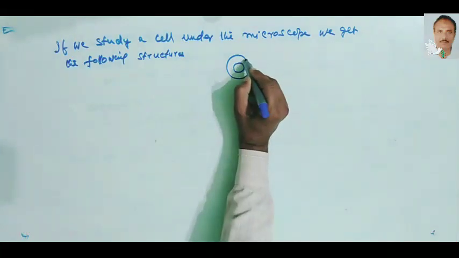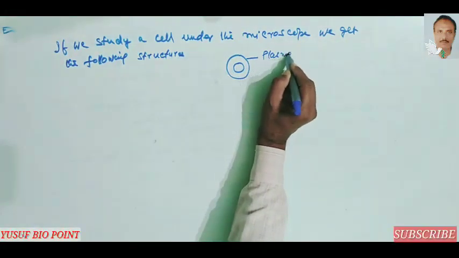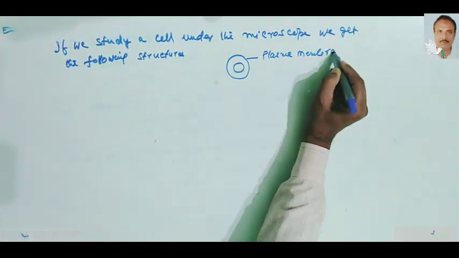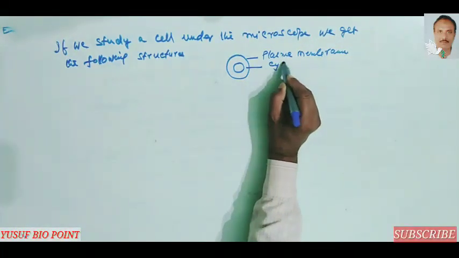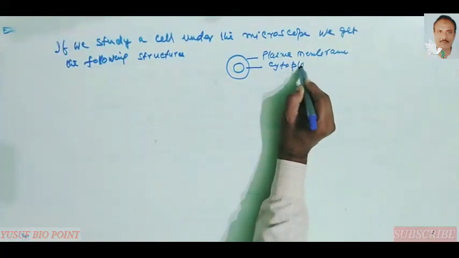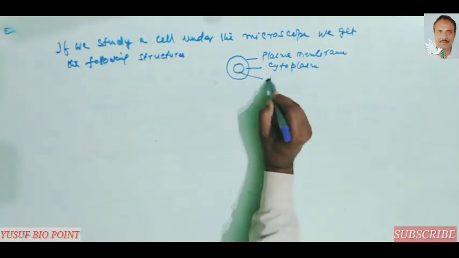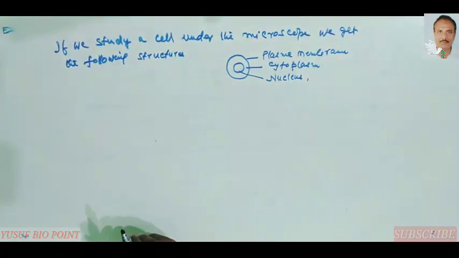This is called the plasma membrane, this is called the cytoplasm, and this is called the nucleus.